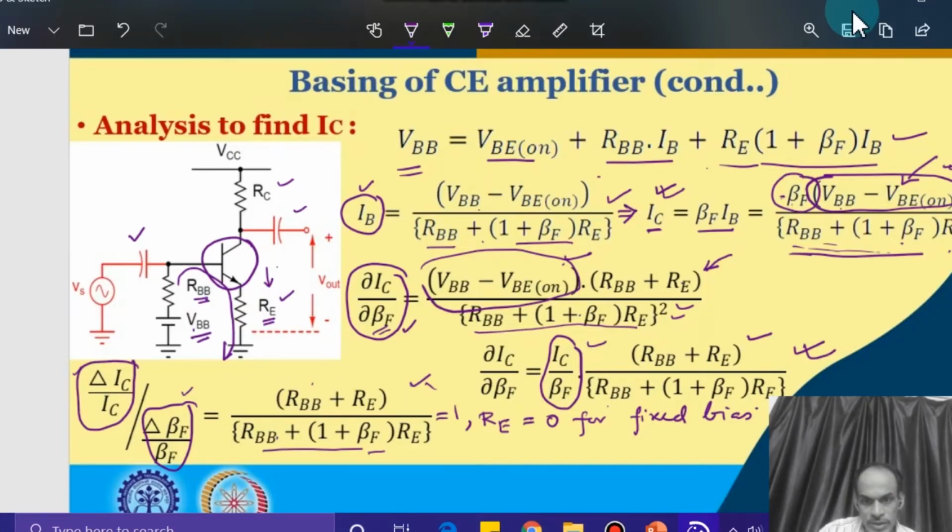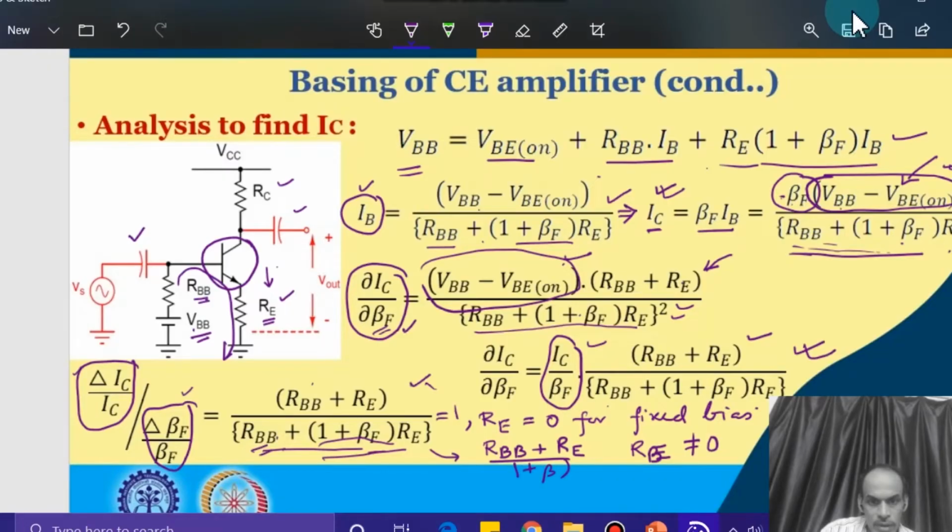On the other hand, if I consider the emitter degenerated bias by putting this RE as non-zero, having some finite value, and if I consider that this part is very high compared to RBB, then this expression becomes RBB plus RE divided by 1 plus beta into RE.